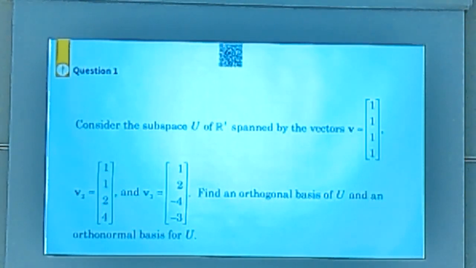Yeah, there's a typo. That was supposed to be B sub 1. So we have a spanning set, right? But is it a minimal spanning set? That we don't know. That we have to figure out.